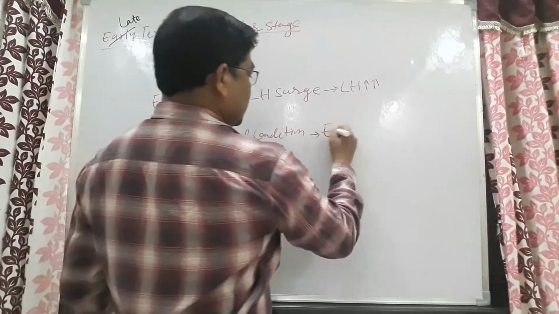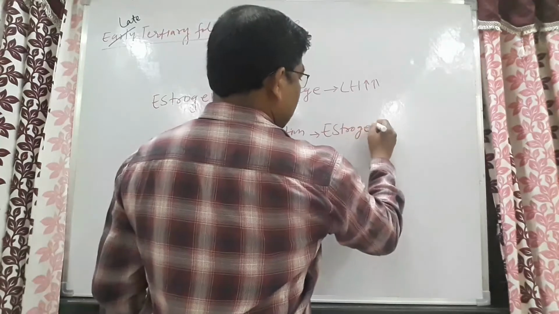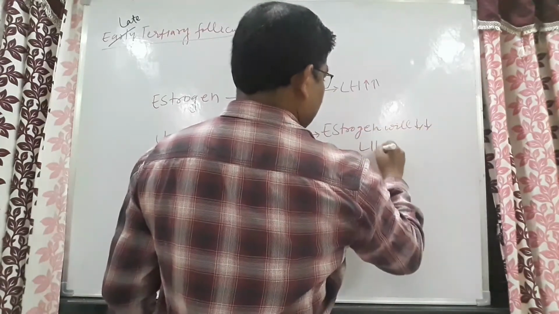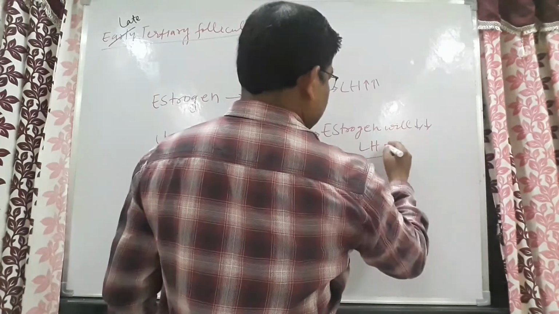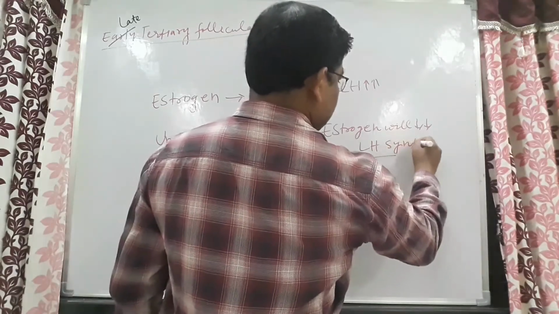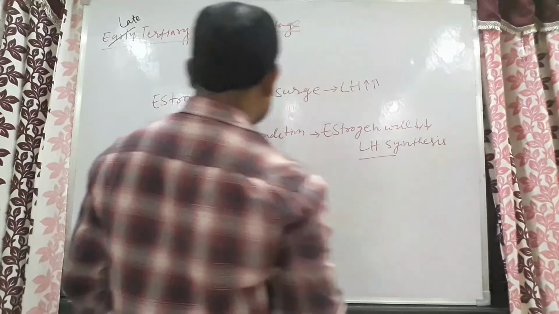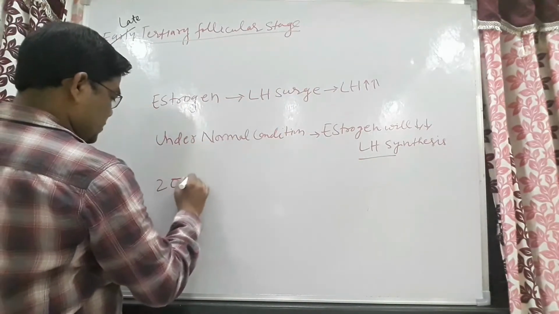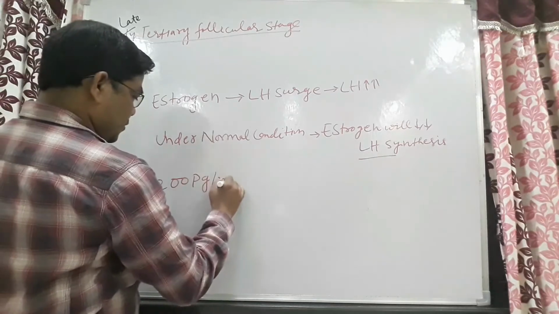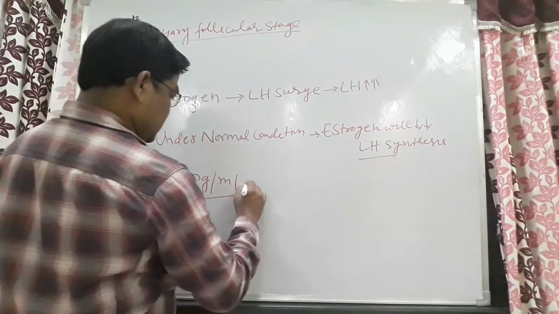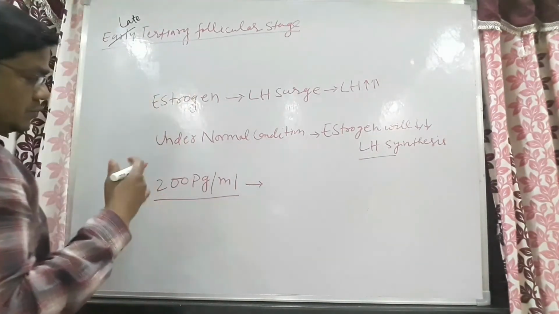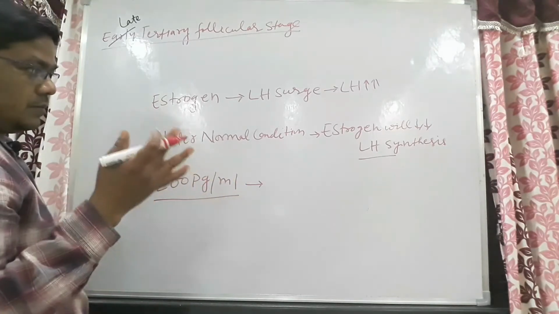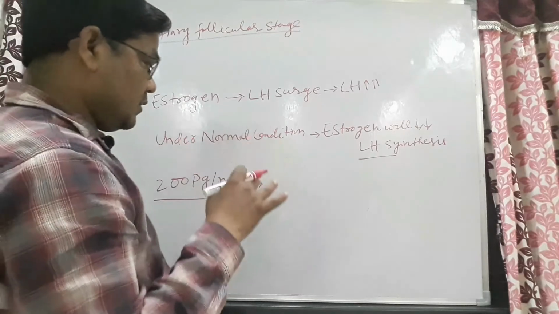Under normal conditions, this estrogen will inhibit LH synthesis, but when the concentration of estrogen increases beyond 200 picogram per ml, it will stimulate both the hypothalamus and the pituitary.